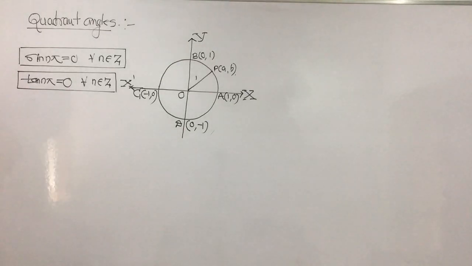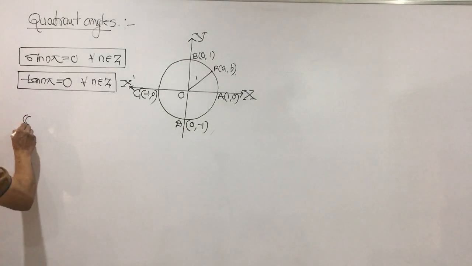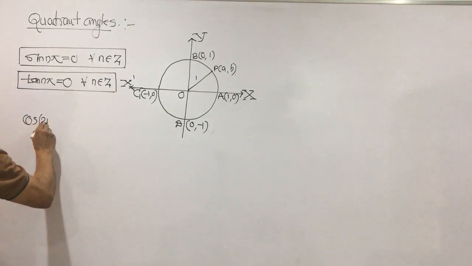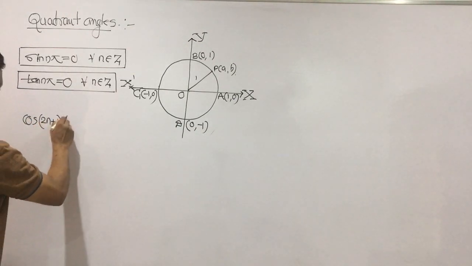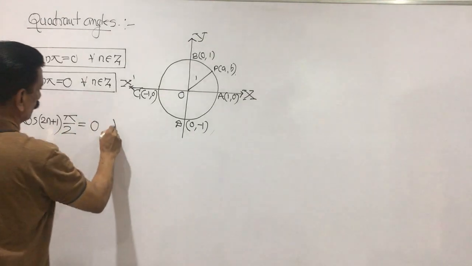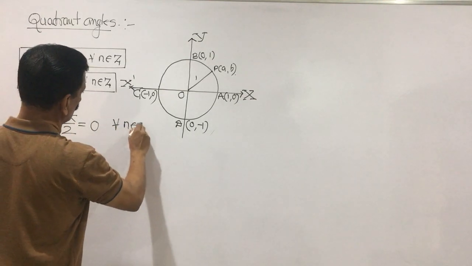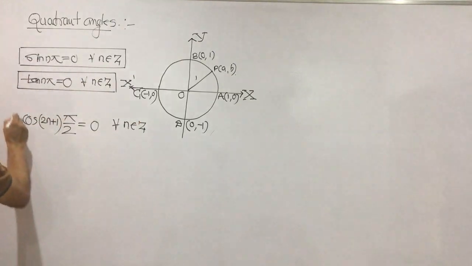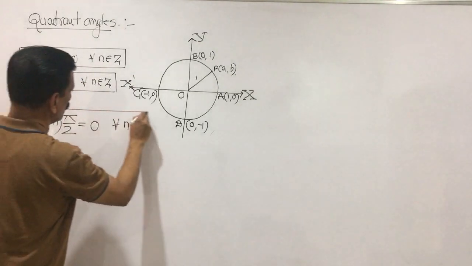And after that, we know that cos of (2n plus 1) into pi by 2 is always 0 for all n belongs to Z. What is that?